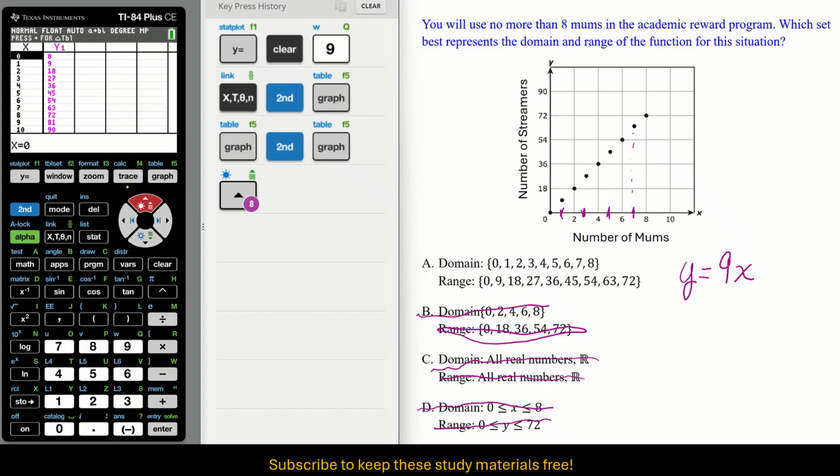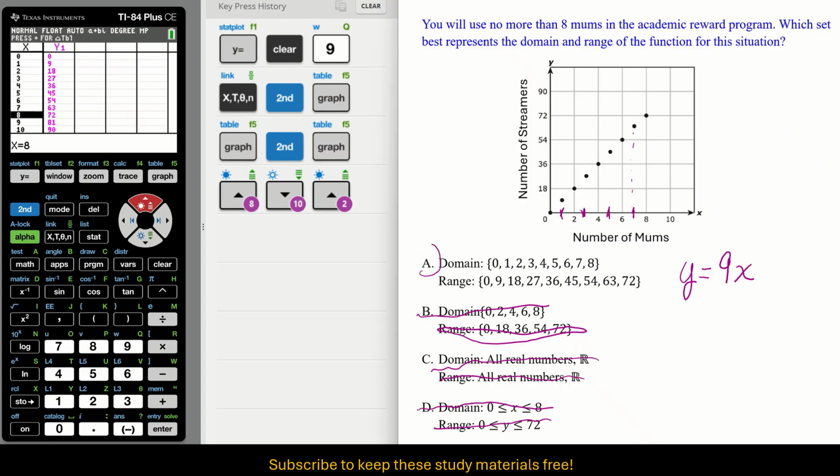I can arrow up and down. There's my 0. Then I should have 9, 18, 27, 36, 45, and it just verifies the numbers for me. And that would be from 0 to 8. Remember, we're only going to 8, which would be 72. There we go. So option A is verified once again.